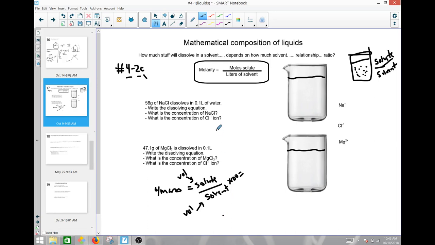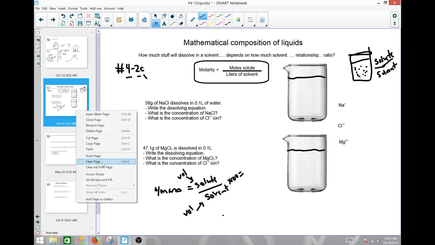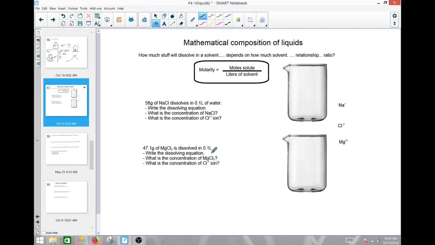Otherwise, we're looking to measure the ratio of moles of solute to liters of solvent. This is something that is called molarity. All right, so this is a relationship.